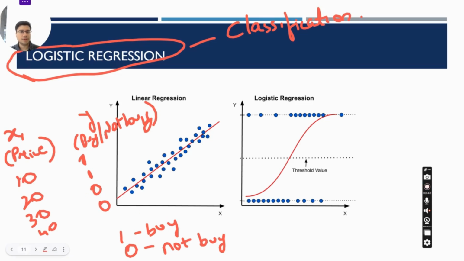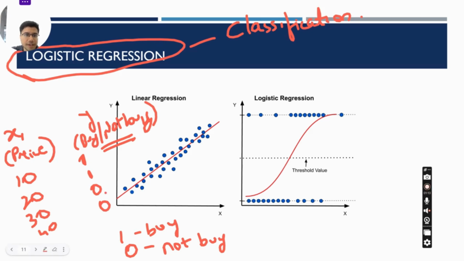Instead of a continuous value like predicting the price, this is a discrete decision: buy and not buy. There can be only buy and not buy, and no other value is possible. So this is called classification.